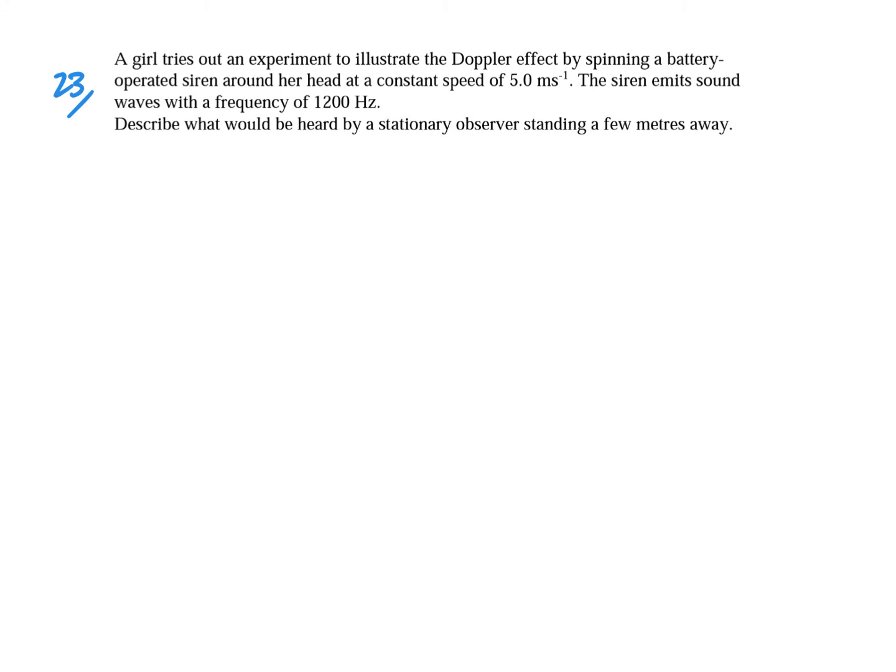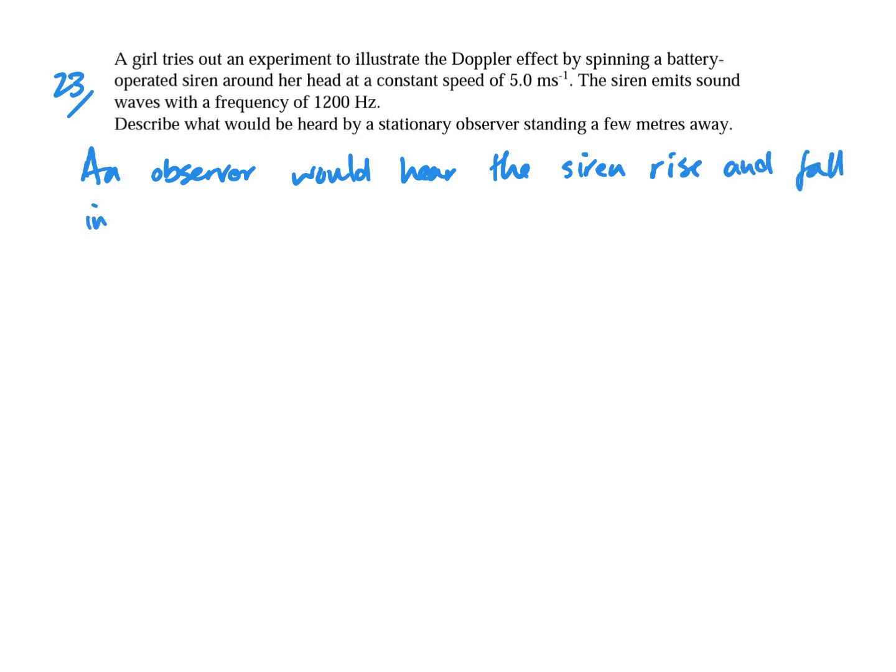So this example, based on the Doppler effect, shows what happens if something's moving towards and away. So if you were standing still watching this, the observer would hear the siren rise and fall in frequency, or pitch.